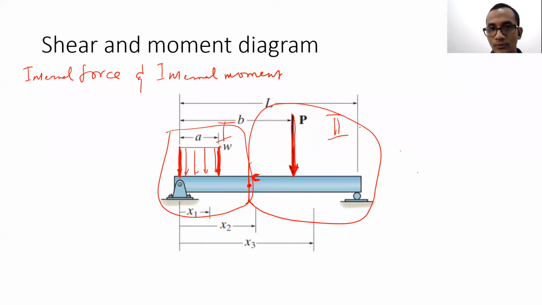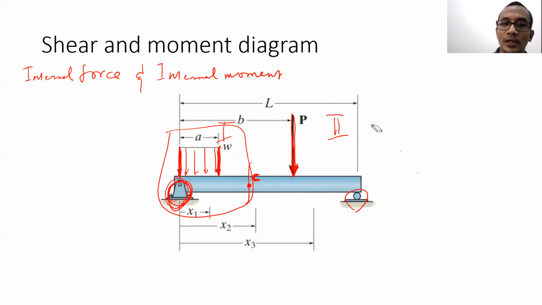But before you do the section, it is better for you to solve for the external forces which are happening at the support. Okay, that's what we learned last week.